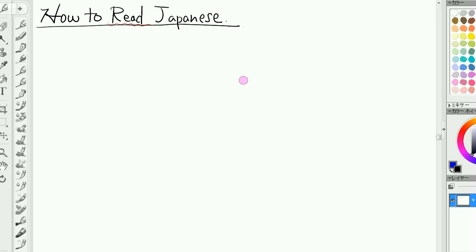First of all, we have three types of Japanese characters.